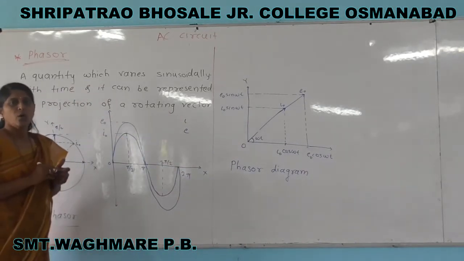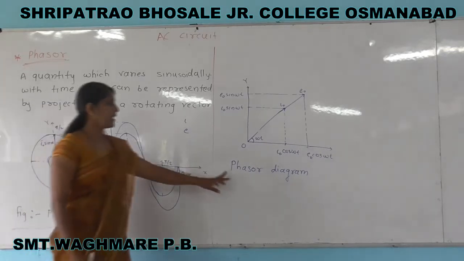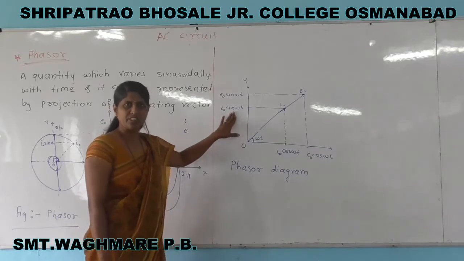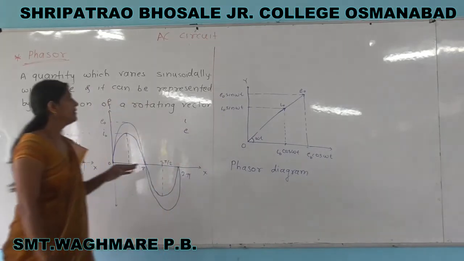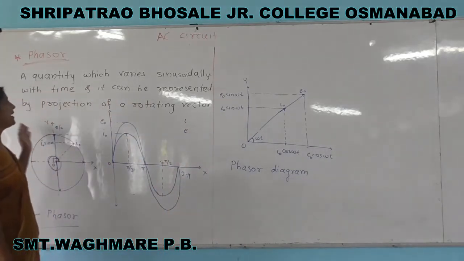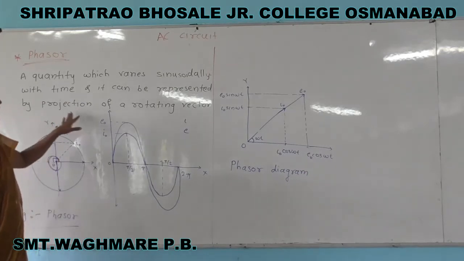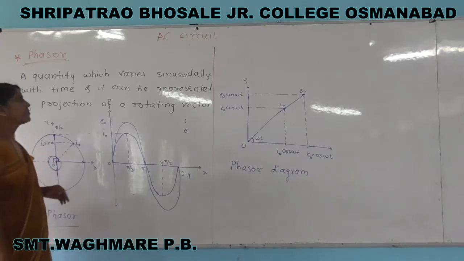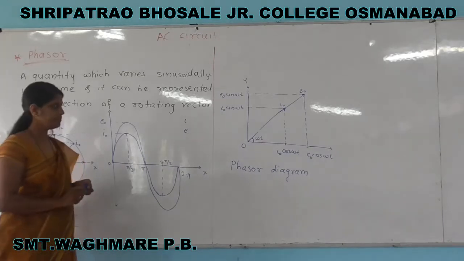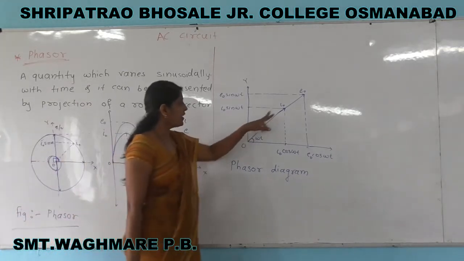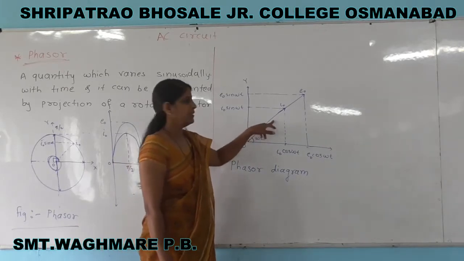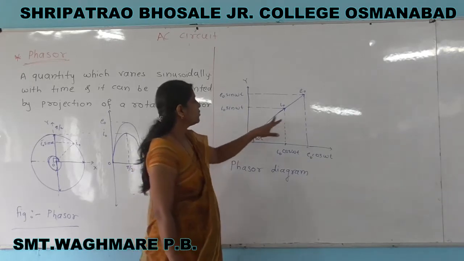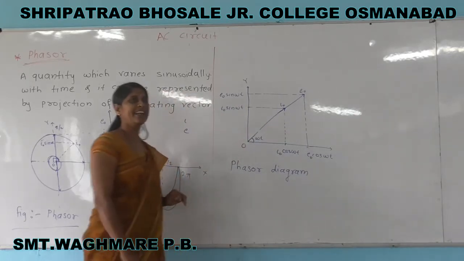So to draw the phasor diagram, the quantity must vary sinusoidally, and it can be represented by the projection of a rotating vector. So here these two quantities are represented in vector form.